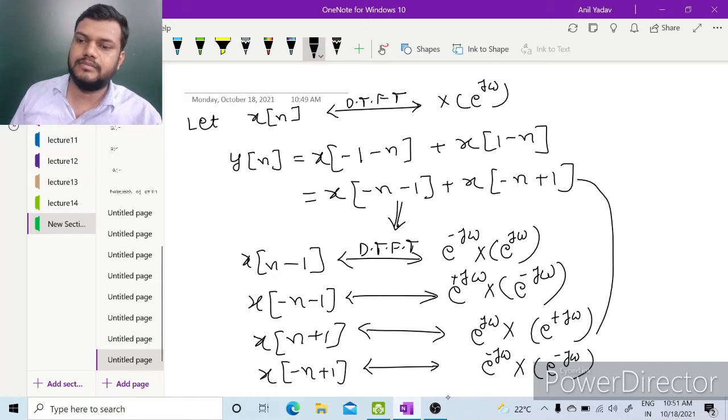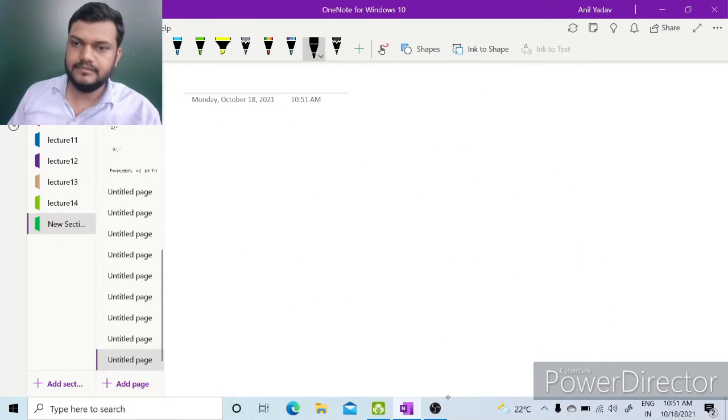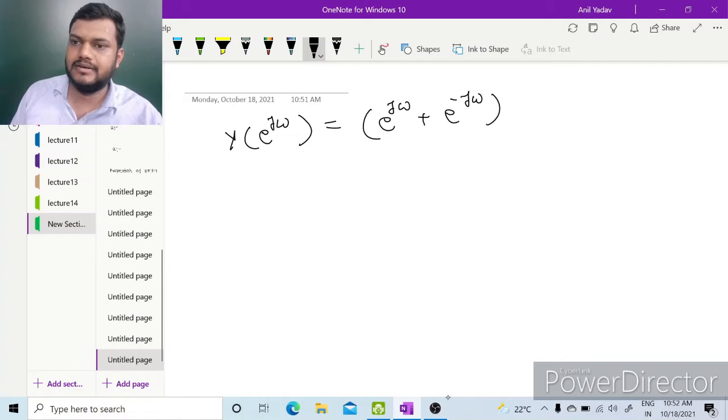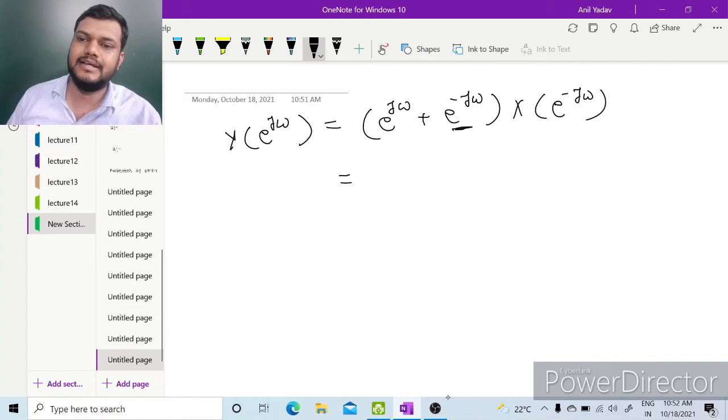So replace these values here and we will get e to the power j omega plus e to the power minus j omega, times X(e to the power minus j omega). So this will be cos omega plus j sin omega, and this will be cos omega minus j sin omega, so it will be 2 cos omega times e to the power minus j omega.